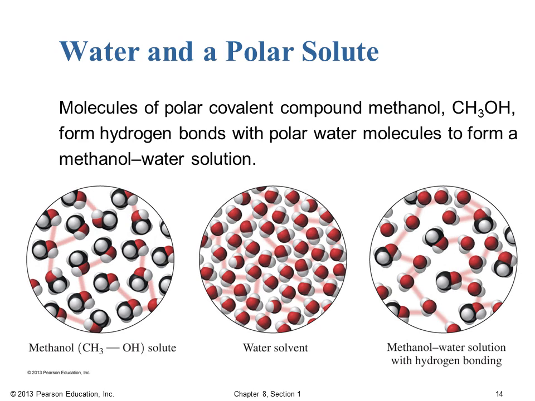So we have an unequal sharing of electrons, which makes the molecule polar. And so if we mix methanol with water, they will mix and make a solution, because they are both polar compounds.